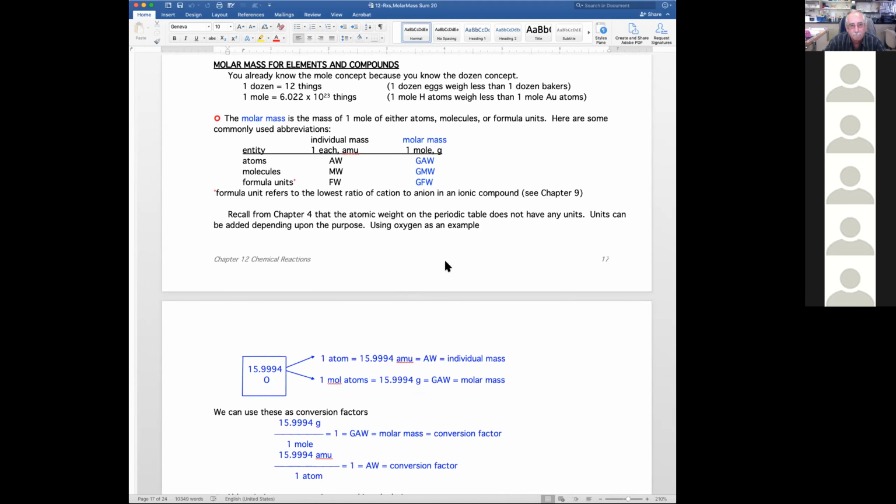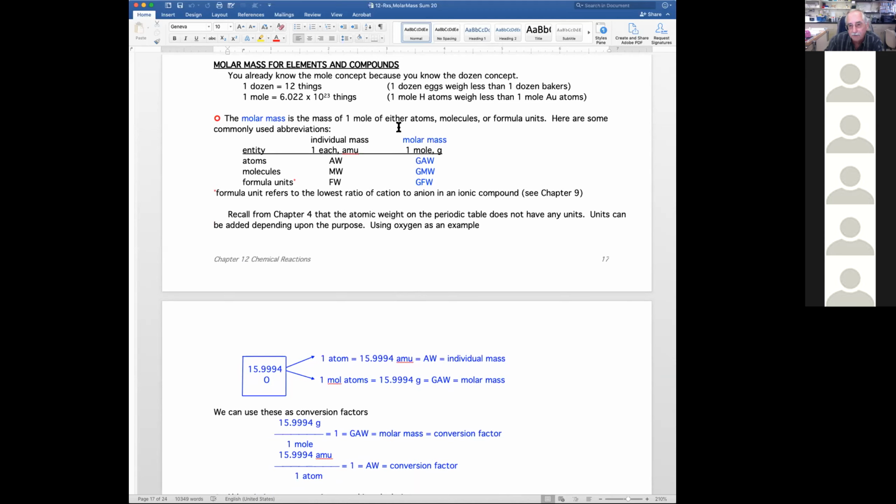So this last part is getting you really ready for the next chapter in the next unit, right? So I just took this basic stuff out of the other units so that you get more time to deal with this stuff. So the molar mass is simply the mass of 1 mole of something.